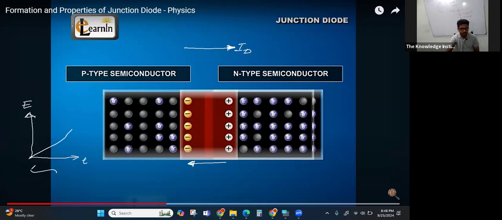This is a very short time, in the range of microseconds. Within microseconds, the built-in electric field increases.